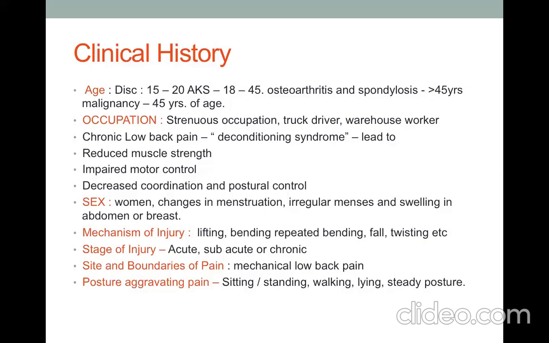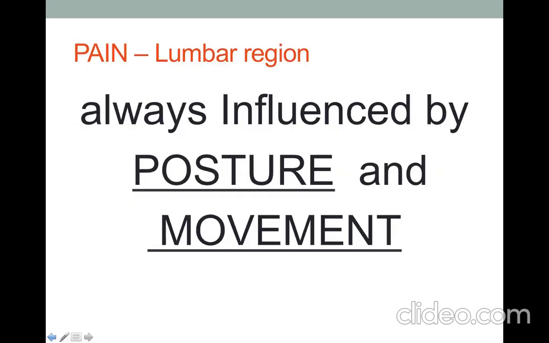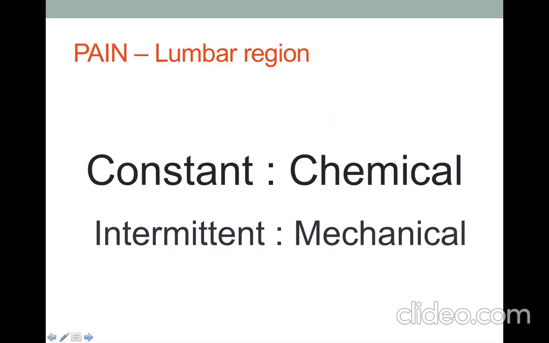All this subjective assessment will give you a correlation towards your main hypothesis, which will generate a clear diagnosis to understand how the posture of the patient is and what abnormal movement he performs. Pain, if it is a constant pain throughout, why does that constant pain happen?